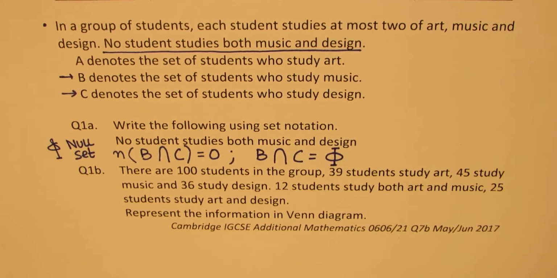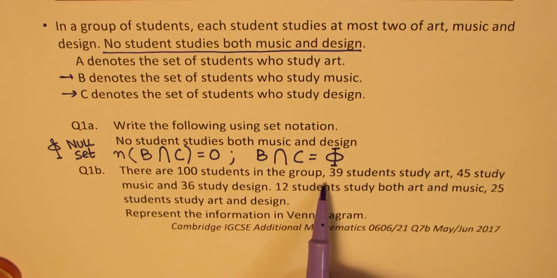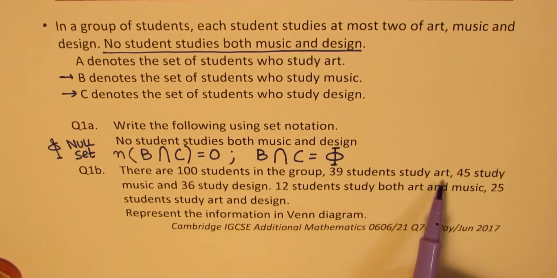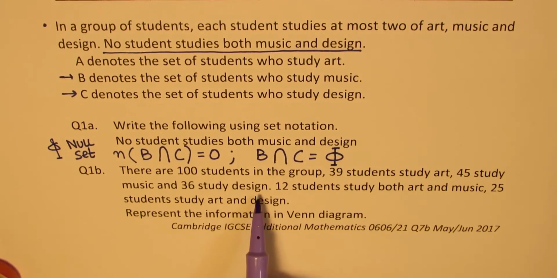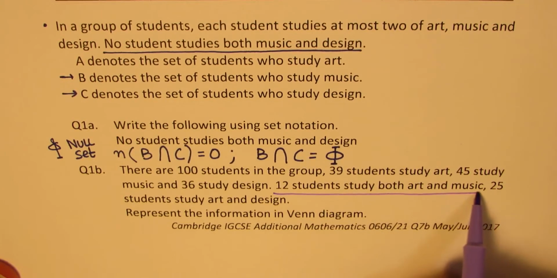Now let's look into 1b, which says that there are 100 students in a group, 39 students study art, 45 study music, and 36 study design. 12 students study both, so 12 study both art and music.